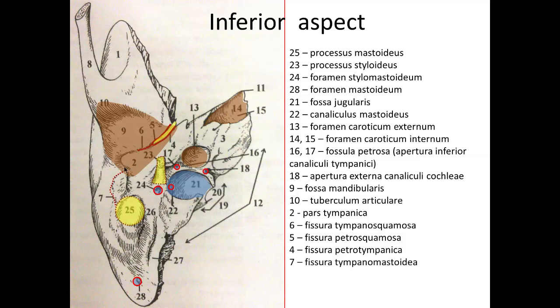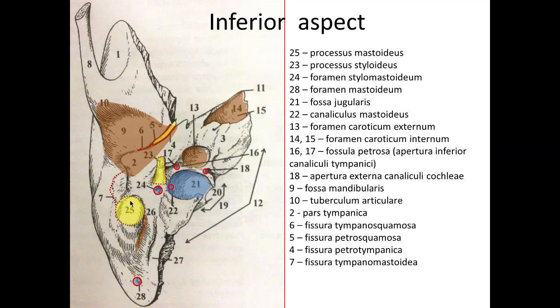And also we can find a very thin fissure, fissura tympanomastoidea. If this is processus mastoidus, so fissura tympanomastoidea is here.